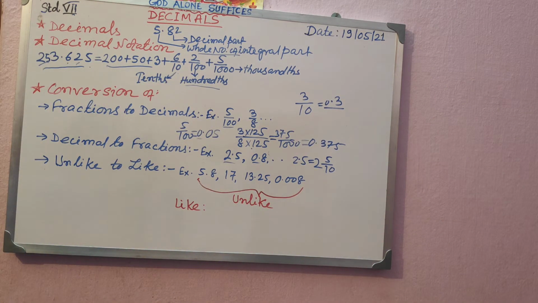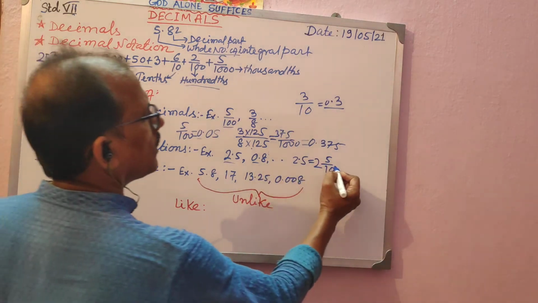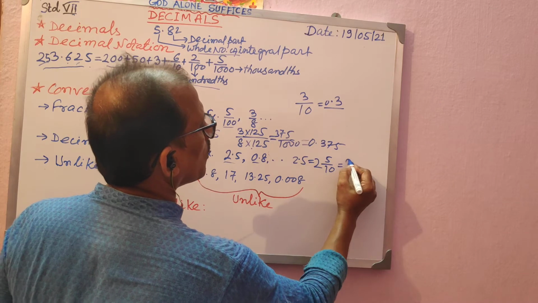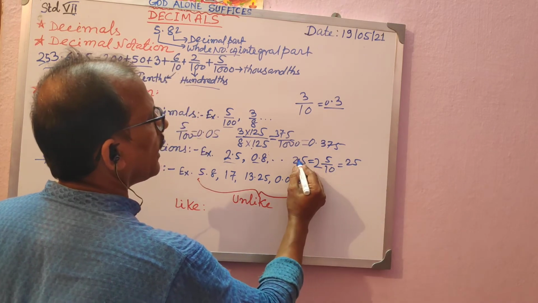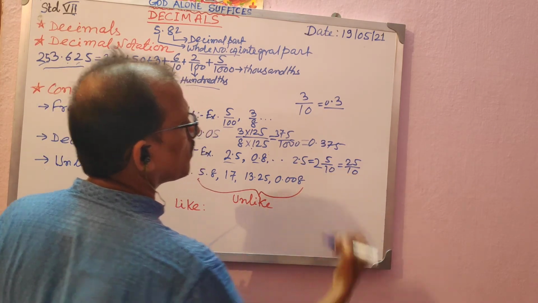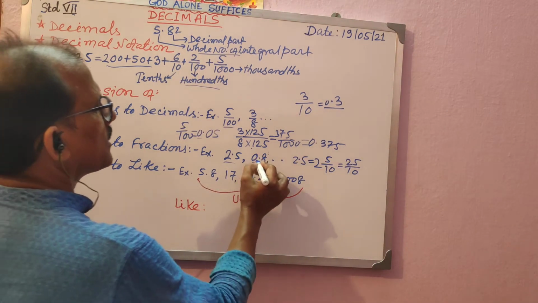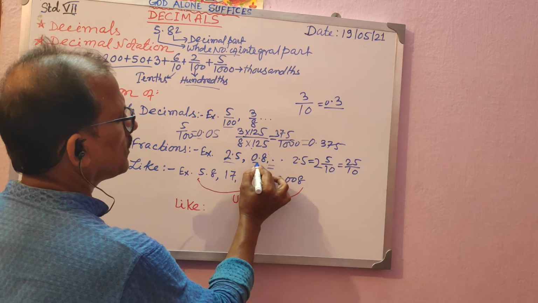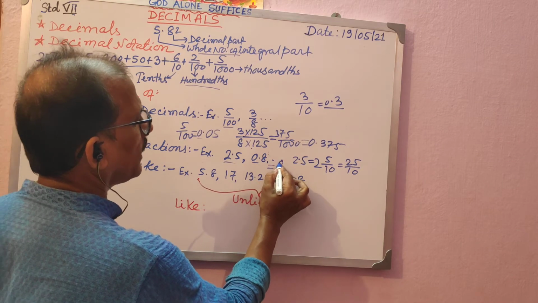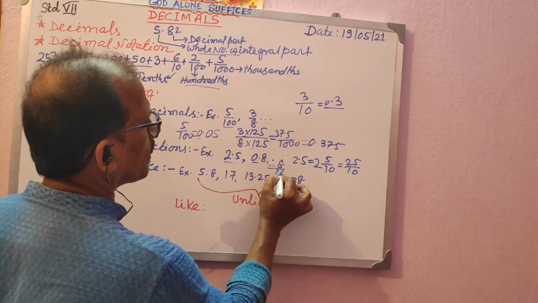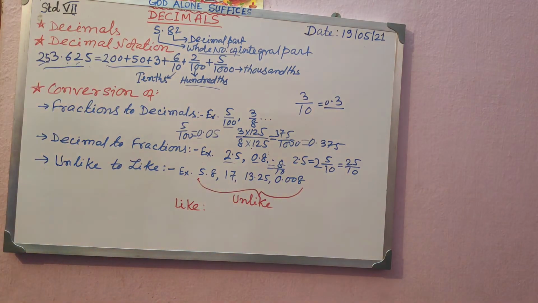Could you understand me? Otherwise, this one can be directly done. You write down the number 25 without the point, and one decimal place. Could you understand me? This one, how will you do? See, 0.8 will be 8, the number of decimal places is how many? 1. So 10, 1 power of 10.